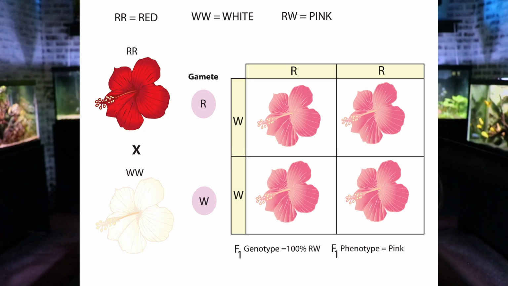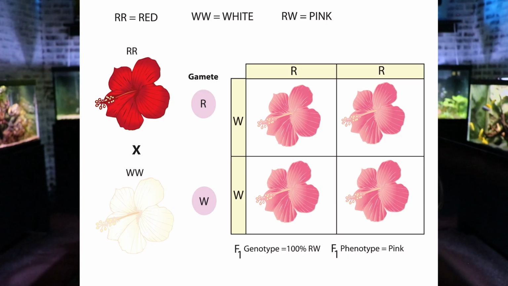Again, with his particular experiments with the peas, the dominant allele was always fully expressed over the recessive allele when it was present. But that doesn't always happen. I think we know that intuitively, even with human beings. If you have somebody with black hair and somebody with blonde hair and they have children, it's not going to either be black hair or blonde hair. Usually it's some shade of brown. Same thing with skin color. If you have somebody who's very dark skinned and they have a child with somebody who's very light skinned, usually it's not going to be someone that's either very dark or very light.